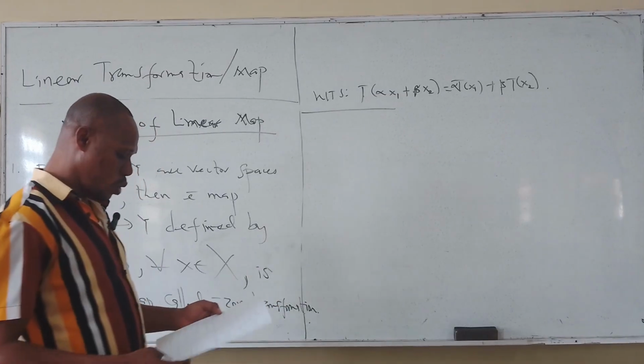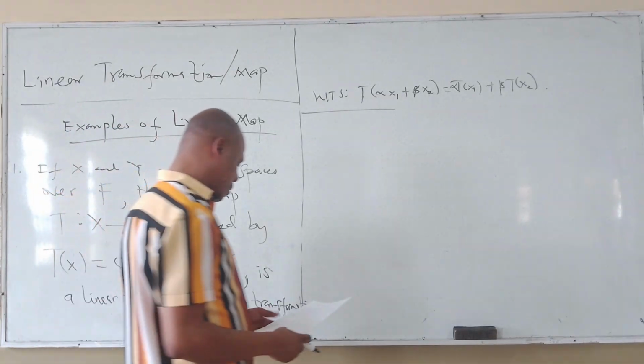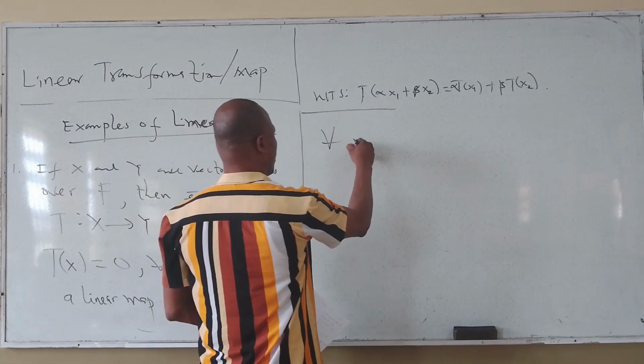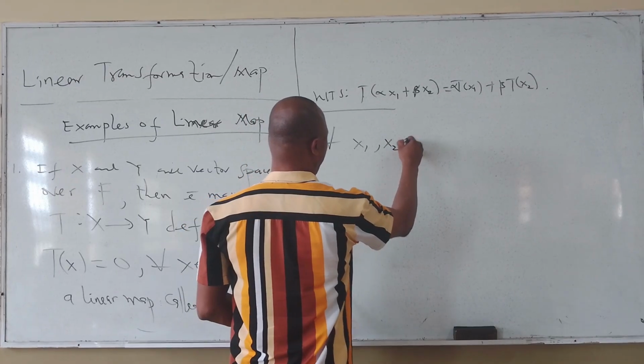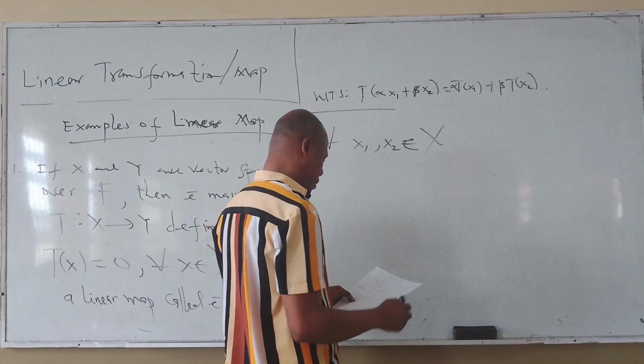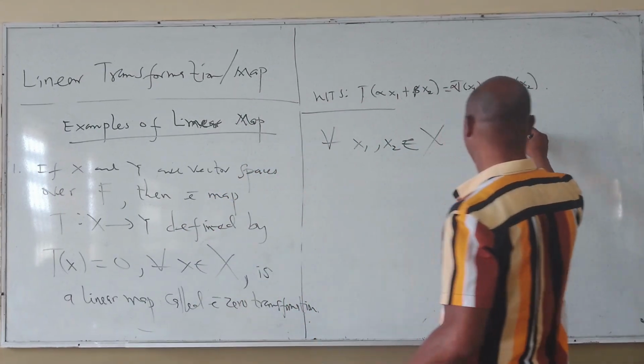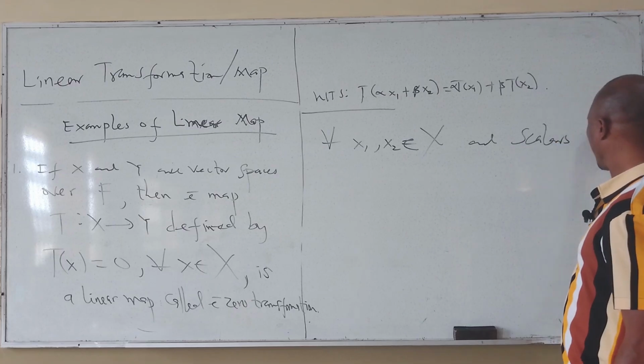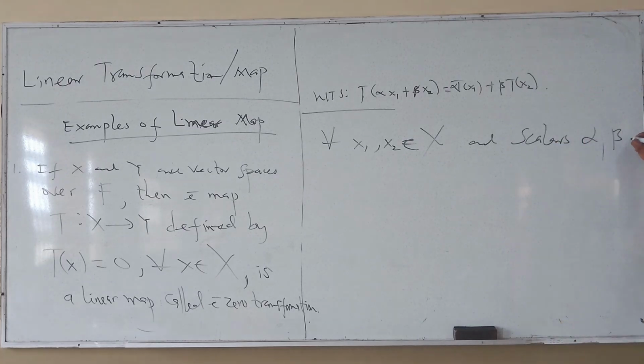So we need two vectors: say, for every x1, x2 a member of X, and scalars alpha, beta.